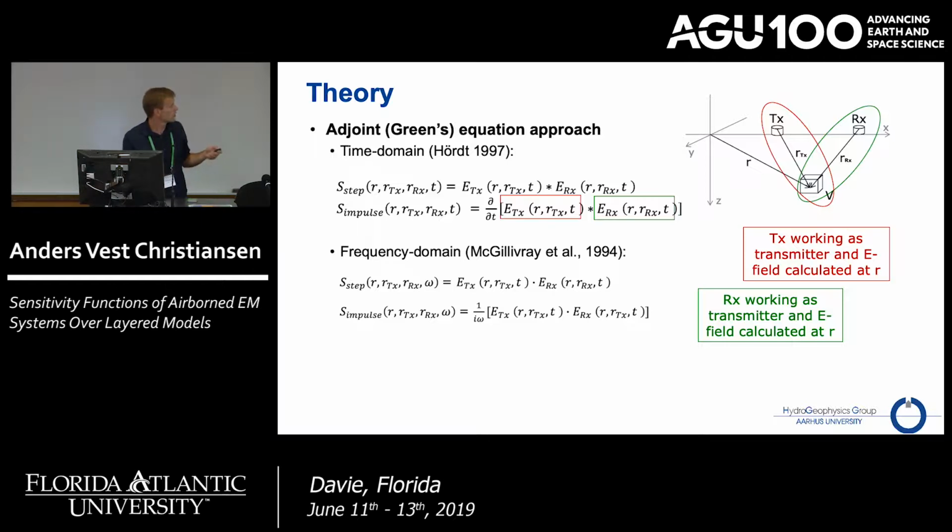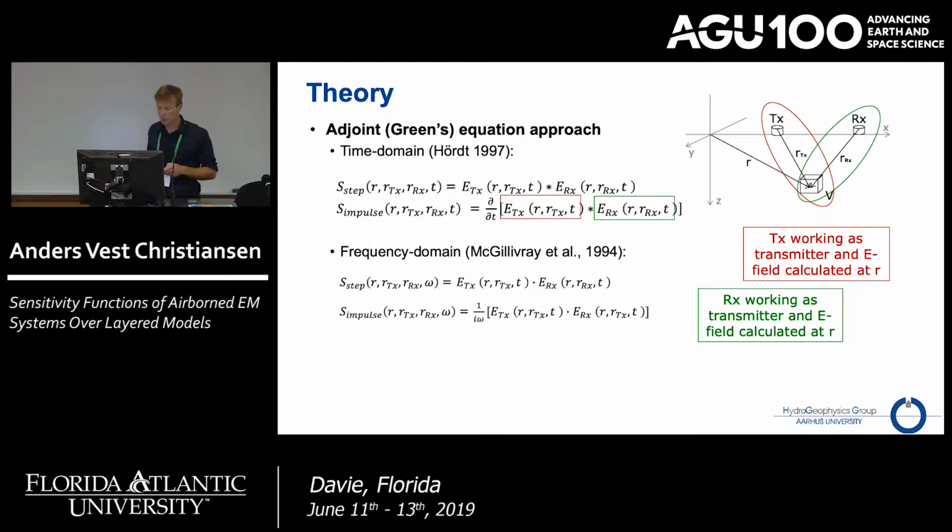And then the other term here is basically where we take, to get that E field back to our receiver, we do the same, but having the receiver acting as a transmitter. So if the receiver is a dipole, you'll set a dipole transmitter and do the same exercise, getting the E field here. And then as you see over here, to get the sensitivity function, it's basically a convolution between these two when we are in the time domain.